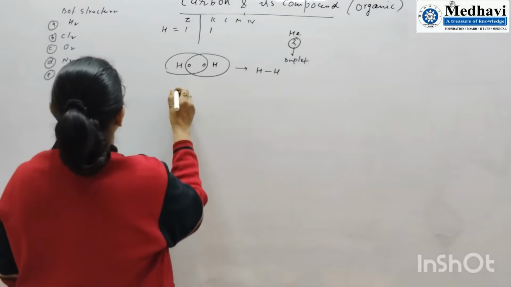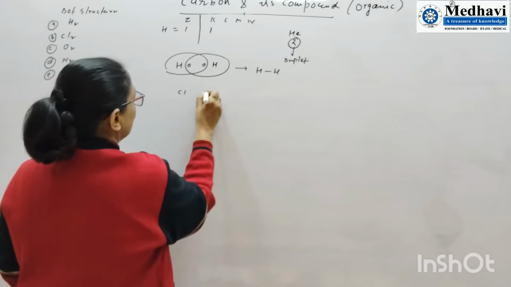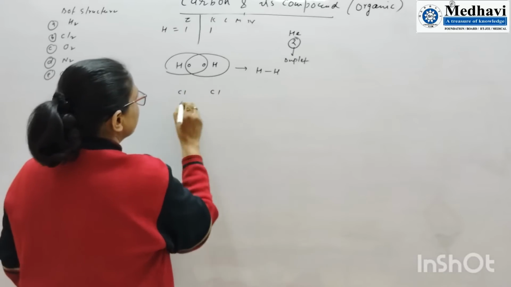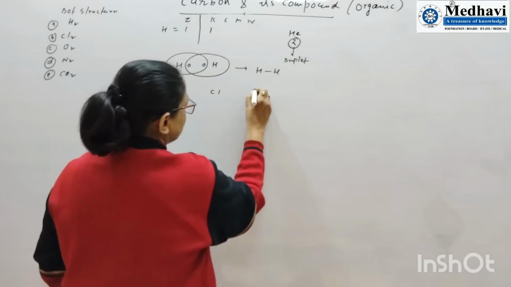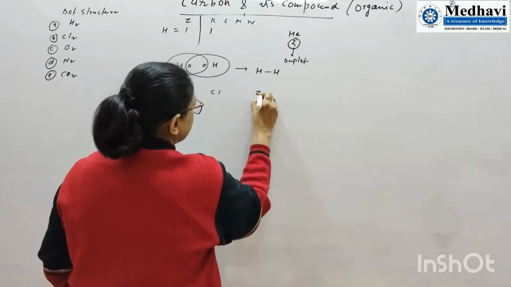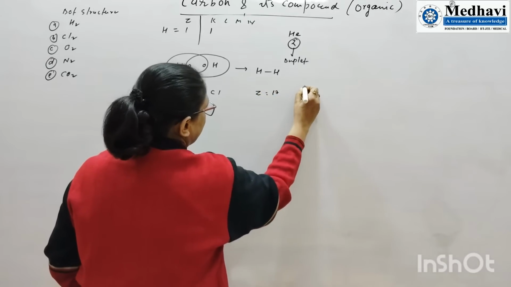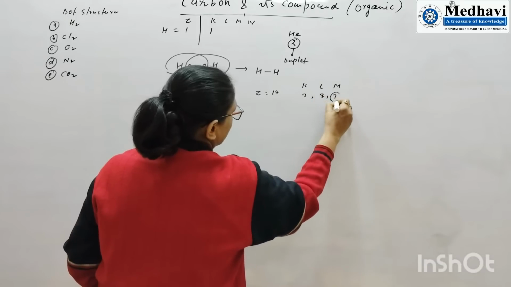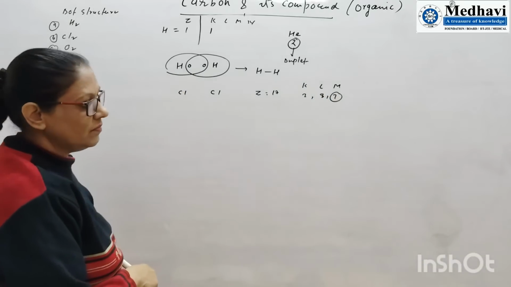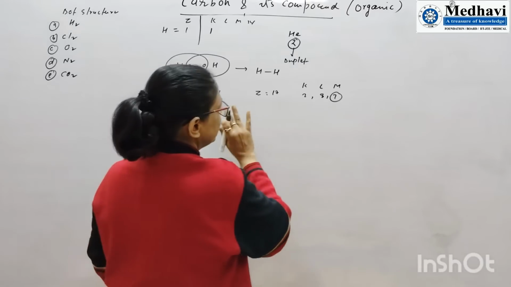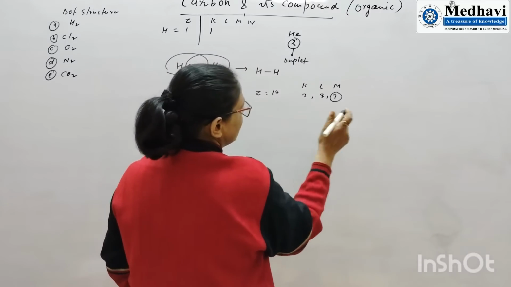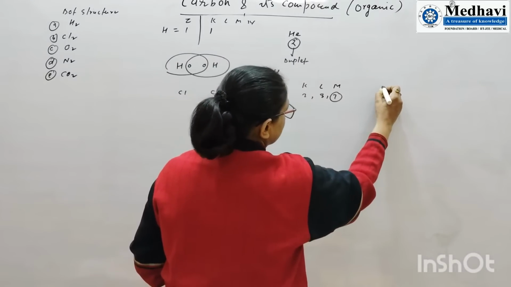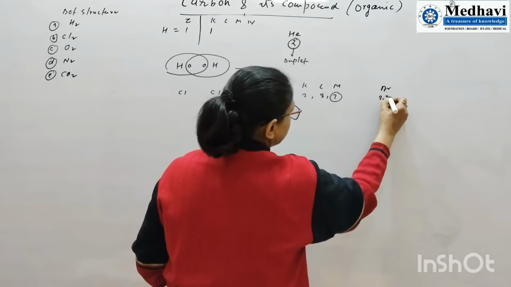To take the example of chlorine, its atomic number is 17 and the shells are K, L, M. It has 7 electrons in its M shell and its nearest inert gas is argon, that is 2, 8, 8.